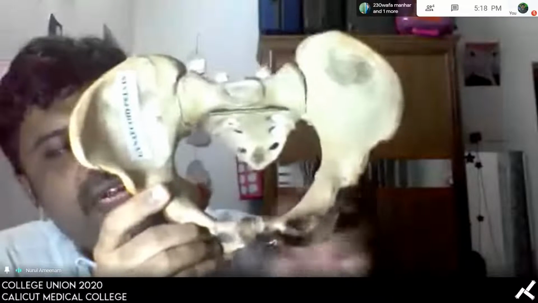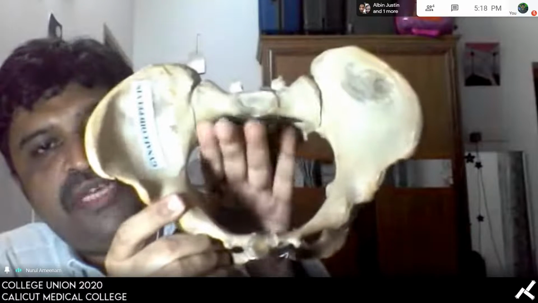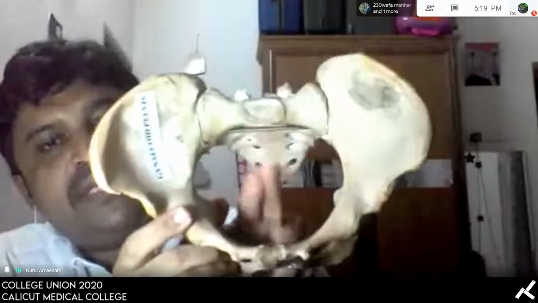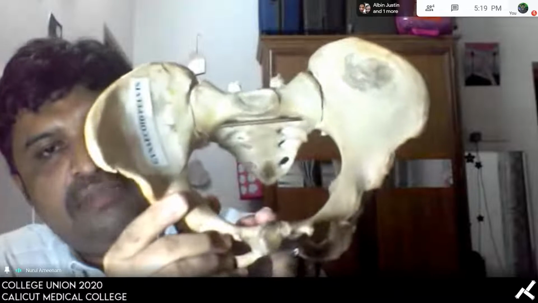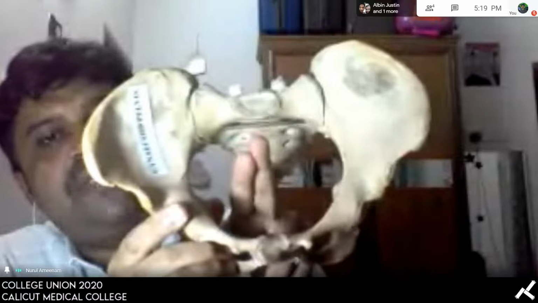So the transverse diameter of the inlet is not exactly at the center. It will come slightly posterior because posteriorly it is wider. The farthest point will be more posterior. We said the conjugata vera, or true conjugate, was 11 centimeters. Ideally, the center would be 5.5 centimeters, but the transverse diameter comes more posteriorly, 7 centimeters from the pubic symphysis.